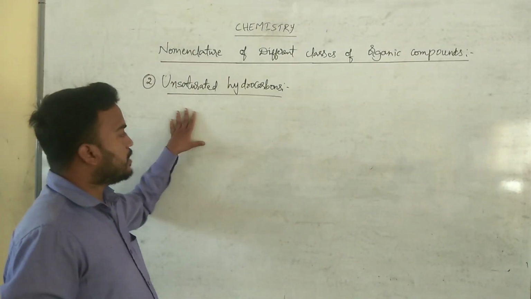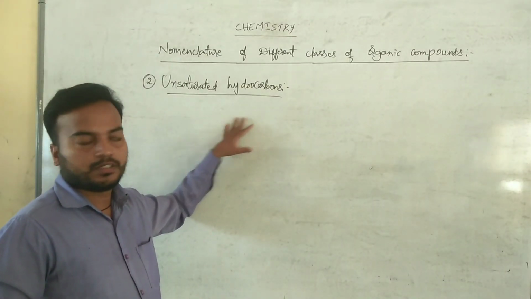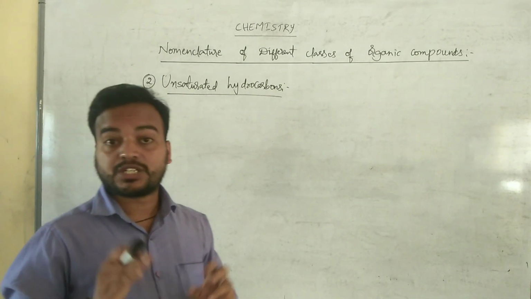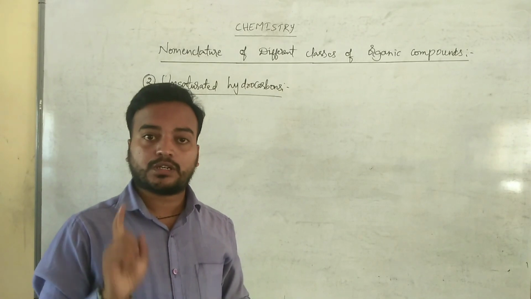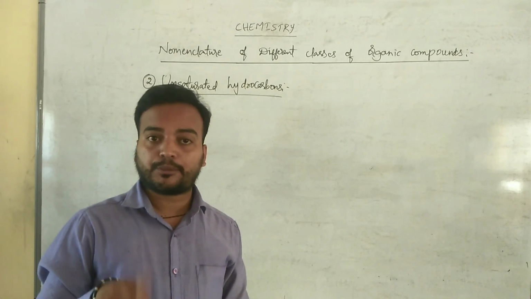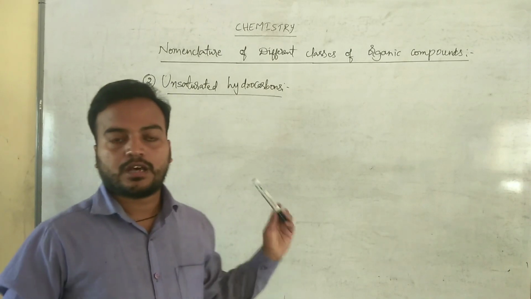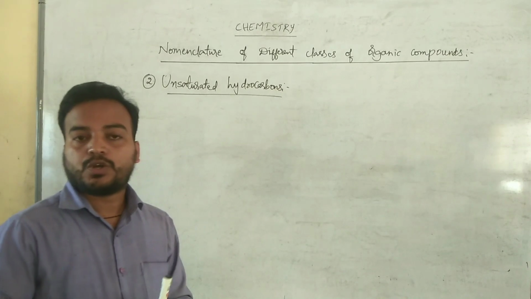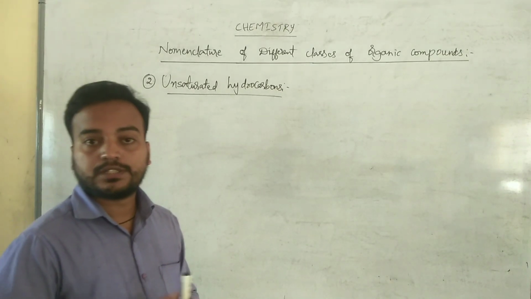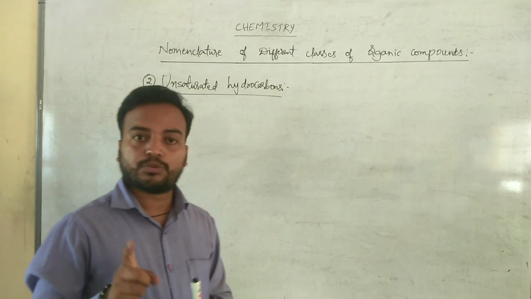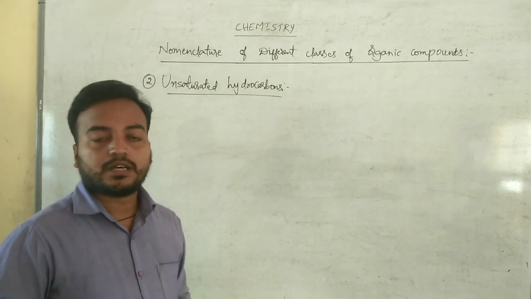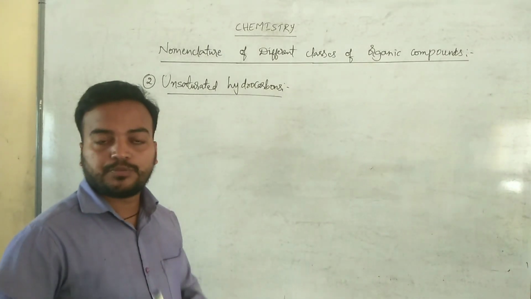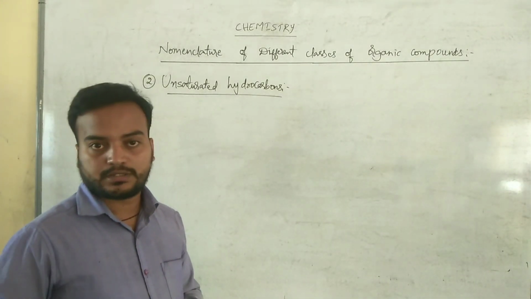Next one, unsaturated hydrocarbons. Unsaturated hydrocarbons are open chain hydrocarbons which contain a carbon carbon double bond or a carbon carbon triple bond. Unsaturated hydrocarbons are of two types: alkenes and alkynes.